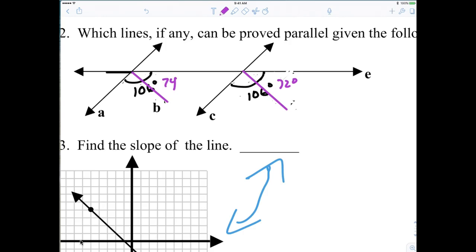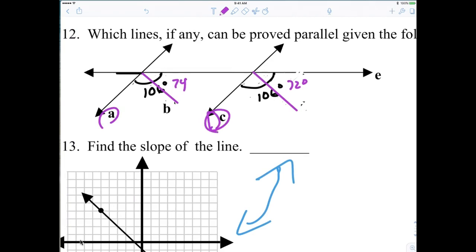But that has nothing to do with A and C. Because A and C, the corresponding angles are still equal. Those still are 106. Therefore, A and C are parallel. It's deceptive because that purple line that's drawn makes it look like it shouldn't be true. You see what I'm saying now?